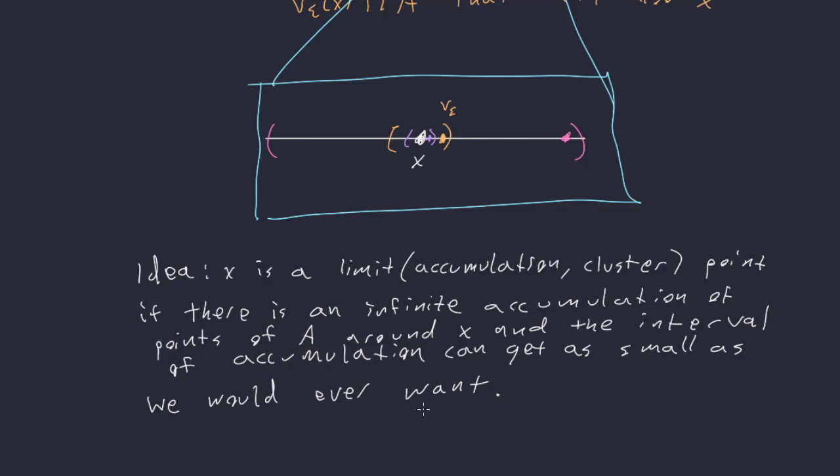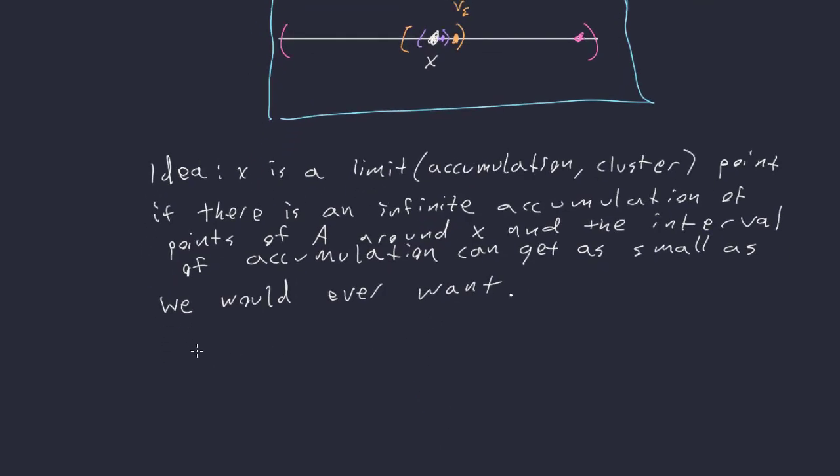Okay, so basically, if you have a closed interval, you can almost think of every point in here as a limit point or an accumulation point or a cluster point.